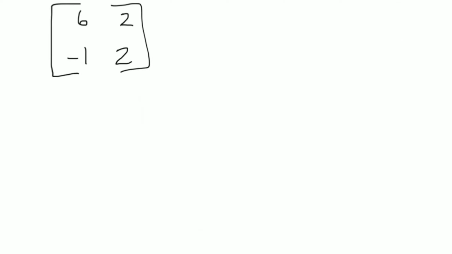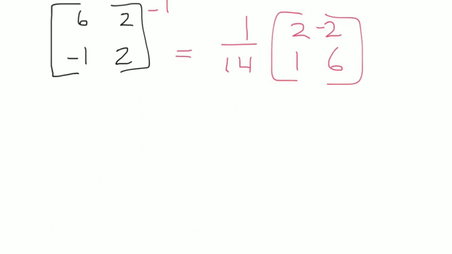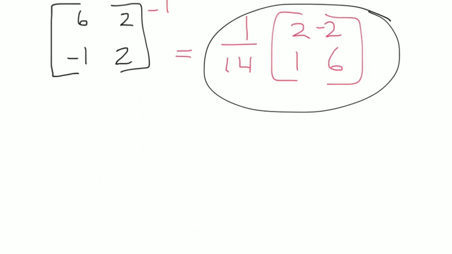So this particular matrix does have an inverse. So the inverse of this matrix will be 1 over 14 outside of the matrix 2, 6, -2, and +1. And that's the inverse matrix.